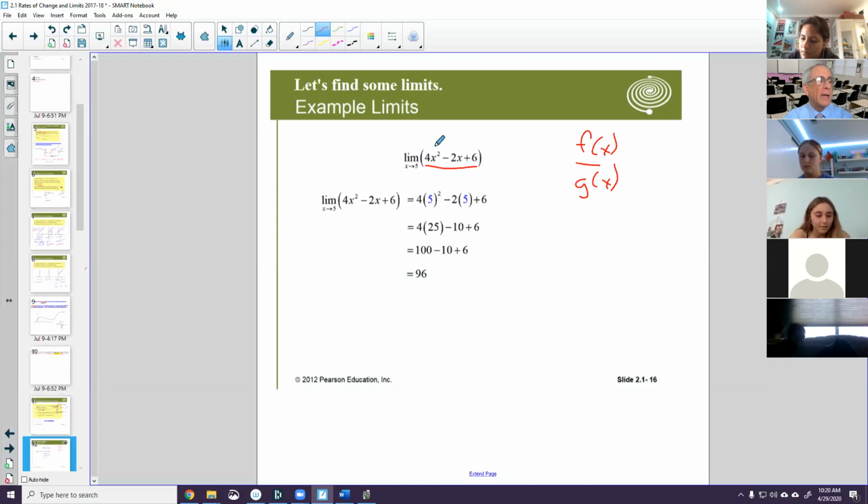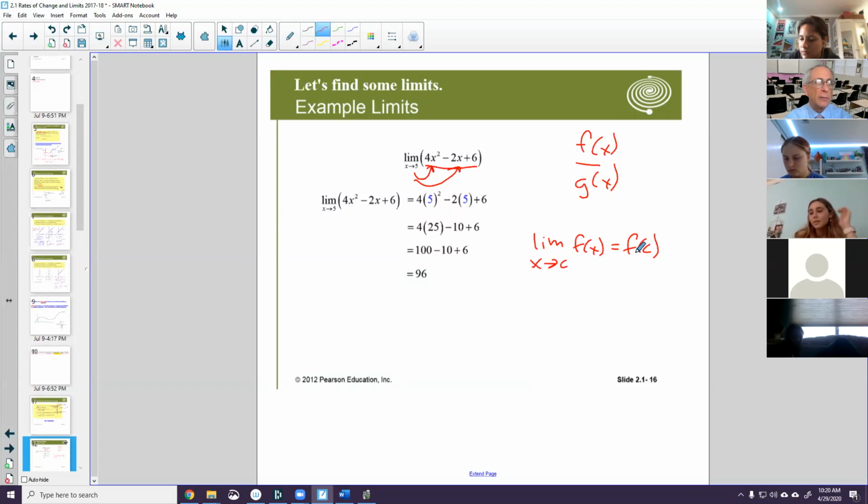So if I want to find the limit as x approaches 5 of this polynomial, piece of cake. All I got to do is take this 5 and substitute it in for x. The limit as x approaches c of f of x is equal to f of c.